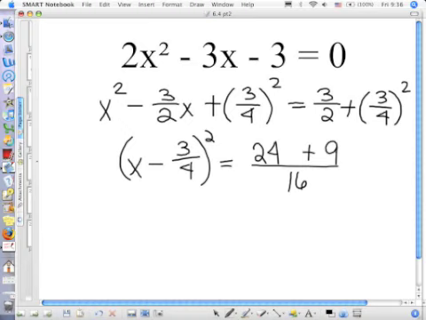So 3 times 8 gives me my 24. How do you change 3 halves into something over 16? Okay? 2 times 8, so 3 times 8. Right? Okay.